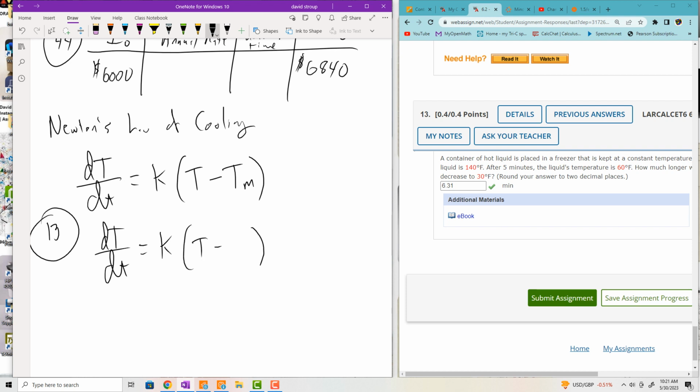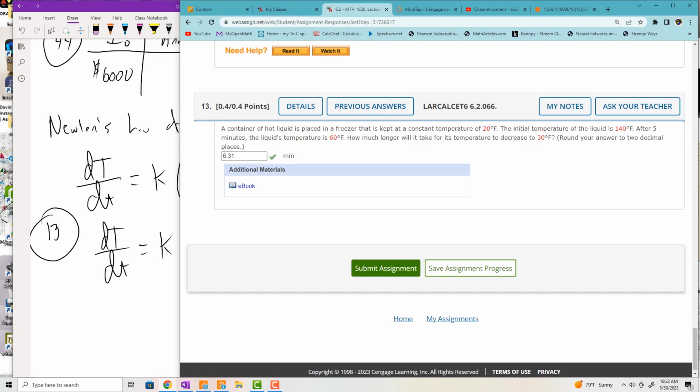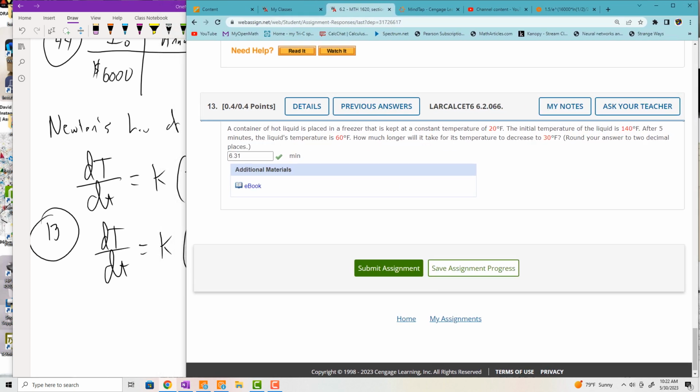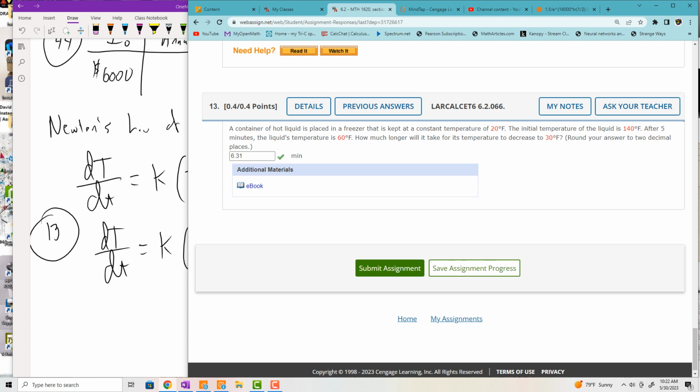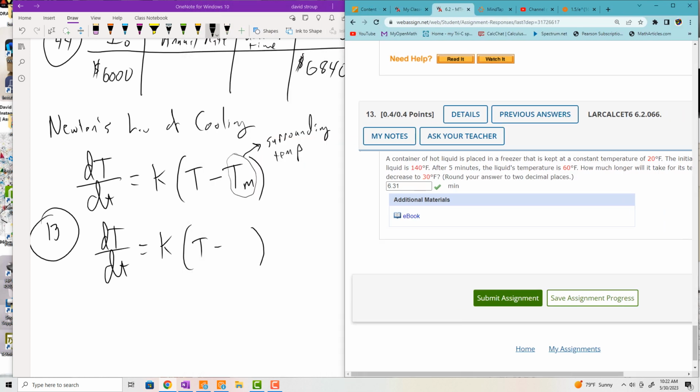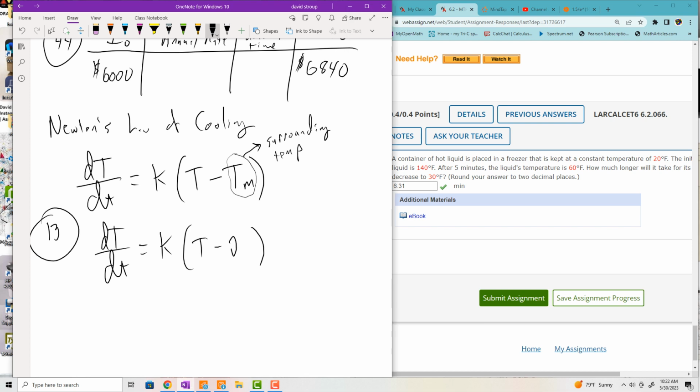The T sub m thing, this is the temperature of the surrounding area. So let's read the problem. Okay. A container of hot liquid is placed in a freezer that is kept at a constant temperature of 20 degrees. So T sub m is going to be your 20.